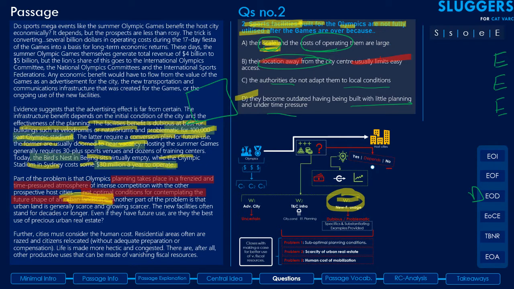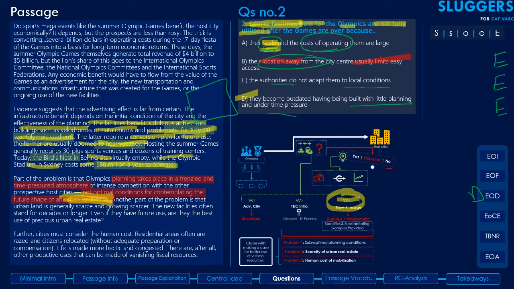It says that the Olympic Stadium in Sydney costs more than $30 million a year to operate. So those two can be distilled out as some of the primary reasons why the sports facilities built for Olympics are not fully utilized after the games are over.